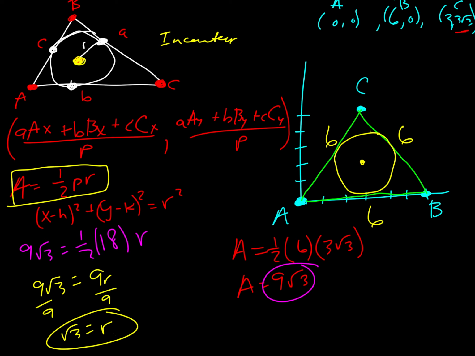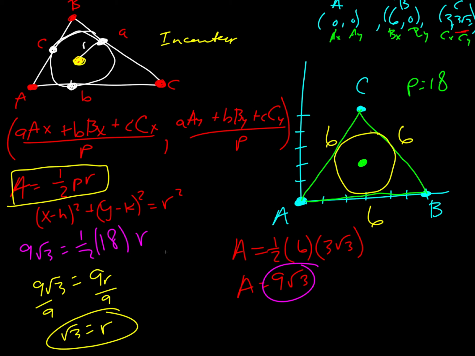Now to find the center, this point, we use this big formula. But luckily, we know all that stuff. So just to be clear, this is like my AX, AY, BX, BY, CX, CY. So that's where I'm going to get all those pieces. And we know that our perimeter is equal to 18 because it's 6 plus 6 plus 6. Okay, so now I'm going to plug into this.